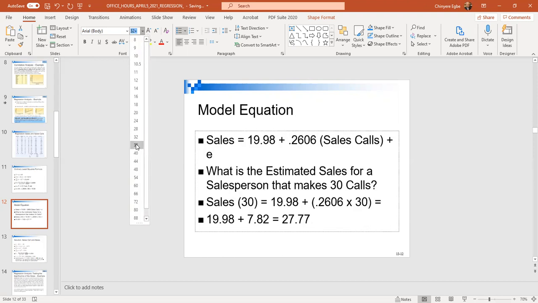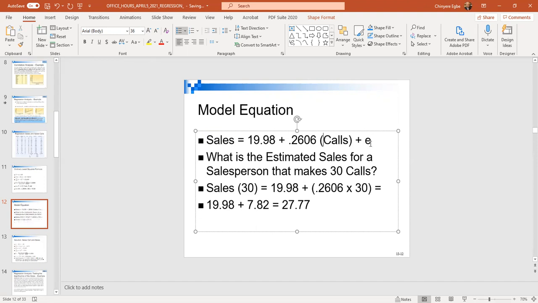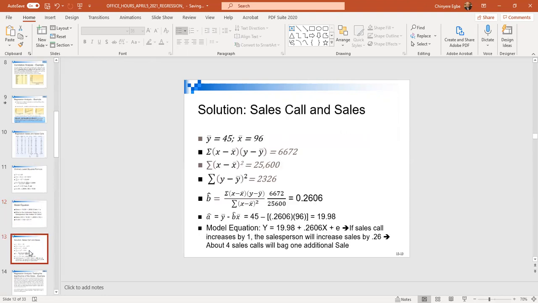That is the same thing that you are expected to do for the boss problem. Now with your model equation, it simply says that for every sales call, your sales will increase by 0.2606.